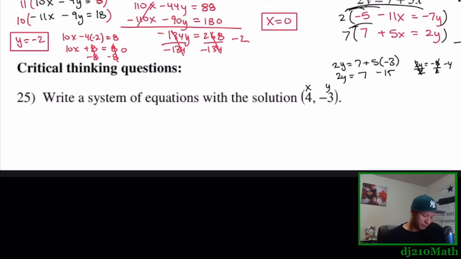It's critical thinking, but it is 12:30. So just off the top of my head, right? If I had x plus y, so 4 plus negative 3, this is going to be 1.